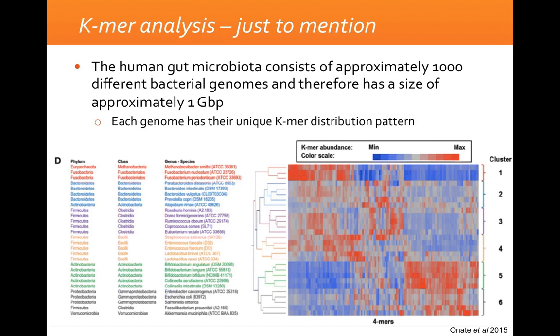Just to mention that each species will have, if you do a Kmer spectrum analysis on specific genomes, you will see that each genome has a particular Kmer distribution pattern. This is shown here, that each of these species that are listed on the left-hand side has a unique distribution of Kmers relative to the others.